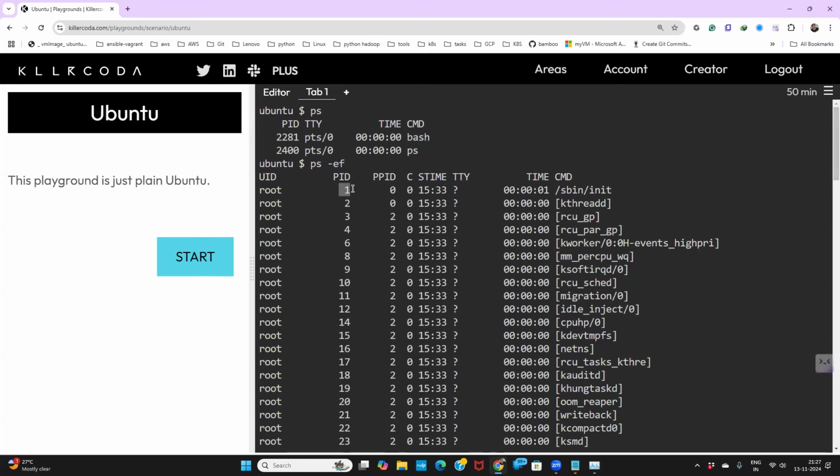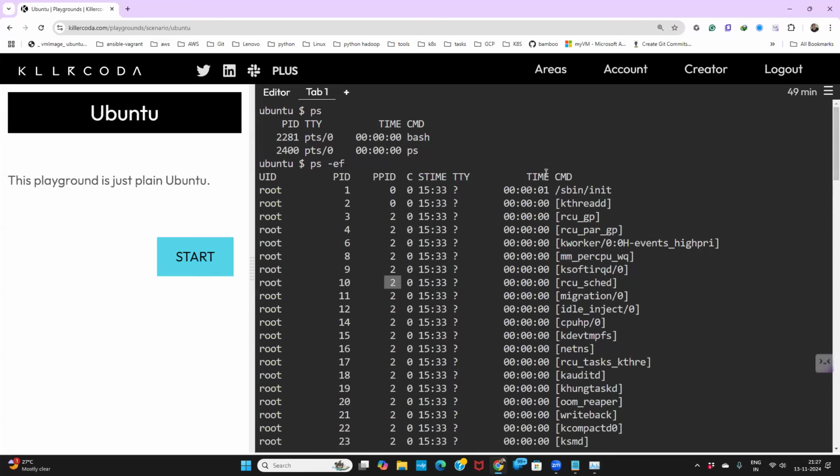Every process has a process ID. Also, we have a parent process ID. This is the main process ID. This is the parent process ID. That is fine.